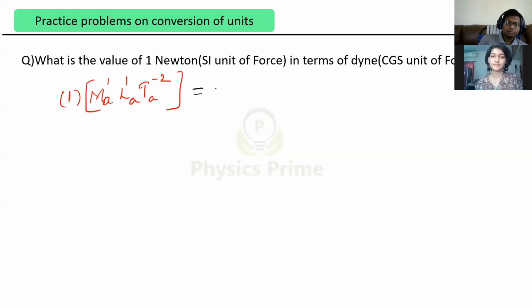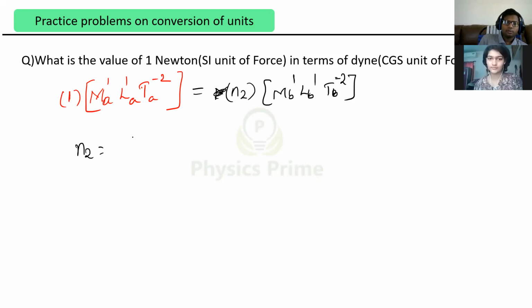That is equal to N2 into MB to the power 1, LB to the power 1, TB to the power minus 2. And N2 will become equal to MA, LA, TA to the power minus 2 divided by MB, LB, TB to the power minus 2.